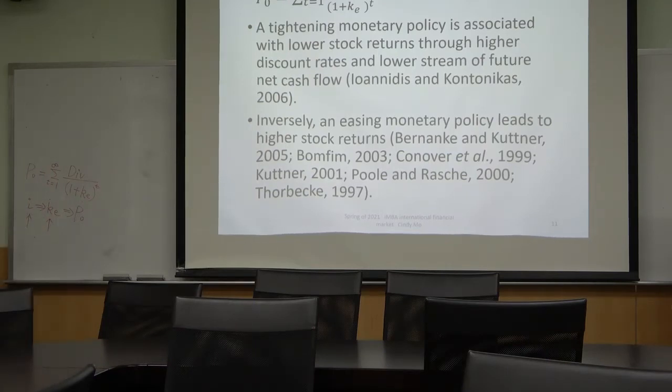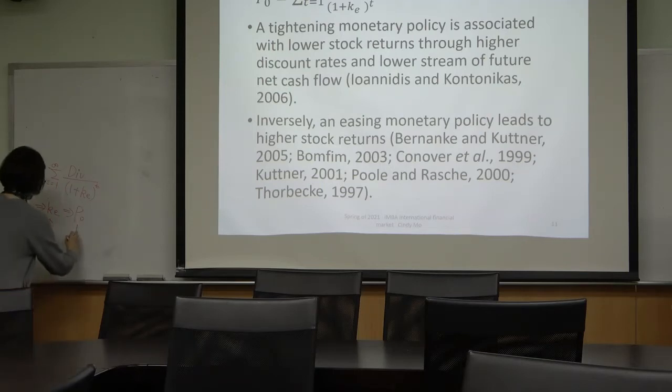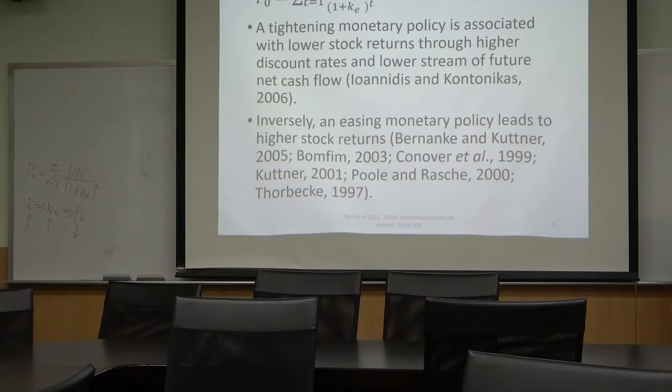And because KE represents the discount rate, the future cash flow of dividends is discounted by a higher rate of return, and that will definitely reduce the current price of stock. So when the price of stock goes down, the stock return will go down.